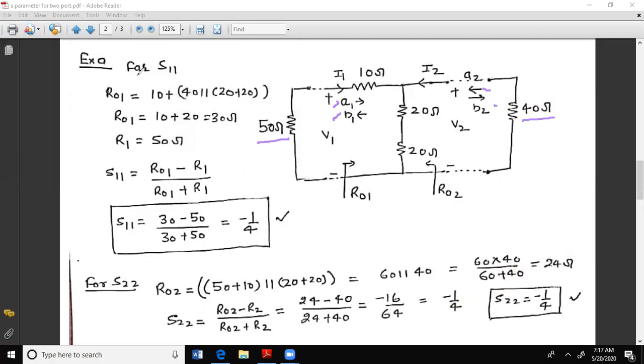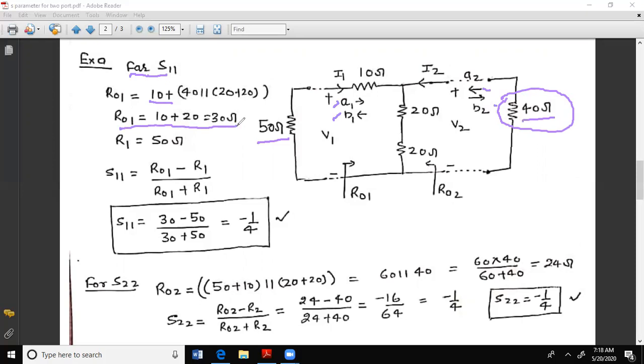First, for S11, calculate the impedance seen from the input terminal. This 40 ohm impedance is in parallel with 20 plus 20, and in series with 10 ohm resistance. So R01 is 10 plus 40 parallel with 20 plus 20, and when we calculate the value of R01, this is equivalent to 30 ohm.